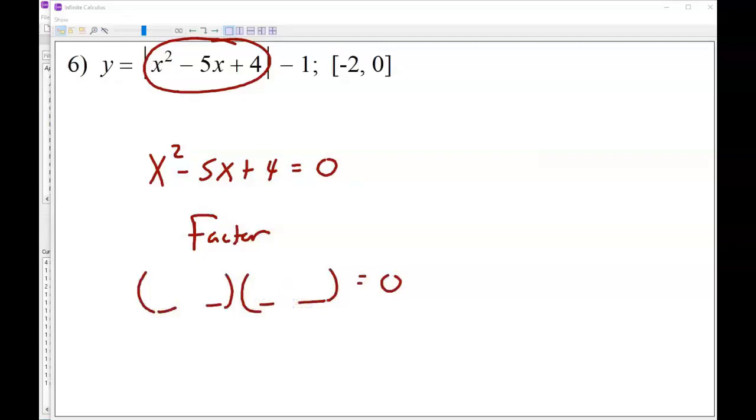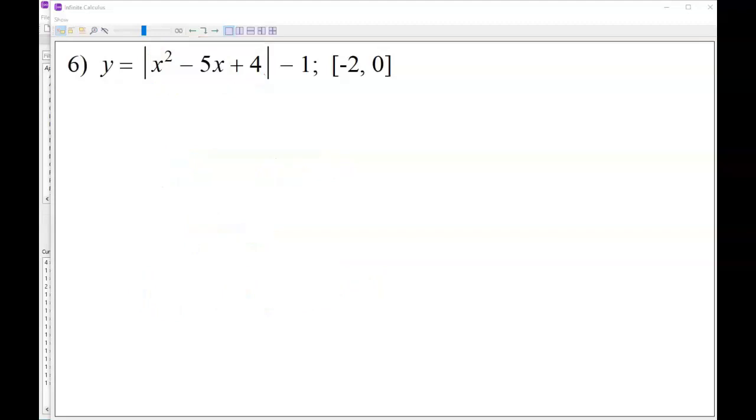I'll let you guys take that one from there. But anyway, that's whenever you get to the point where you're going to see if it is differentiable. For continuity, you shouldn't have a problem with that.